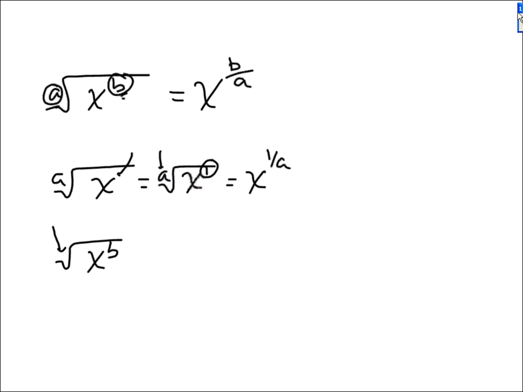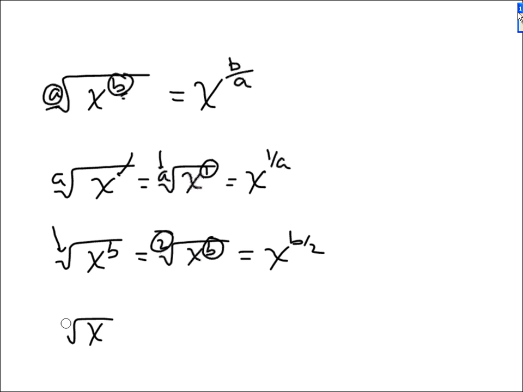If there's no number out there for the root, it's understood by definition to be a 2. That's why we call this the square root of x. It's understood to be the second root. So it's x to the b over 2.